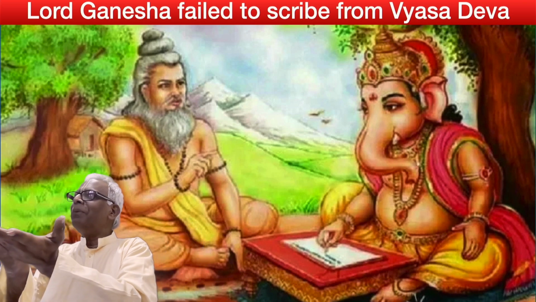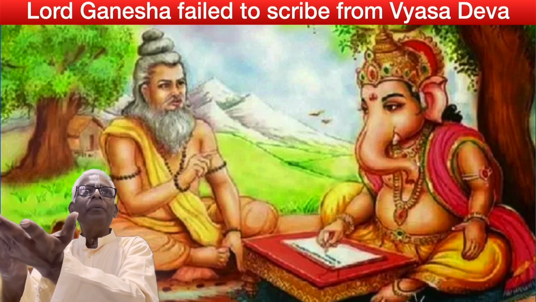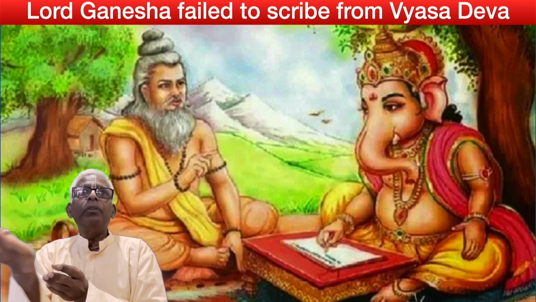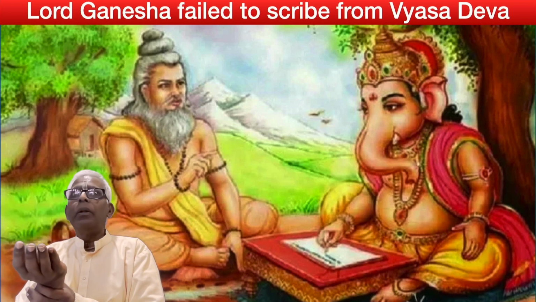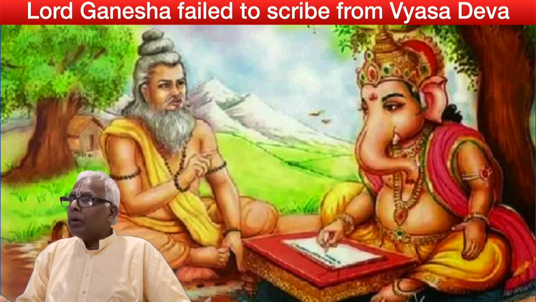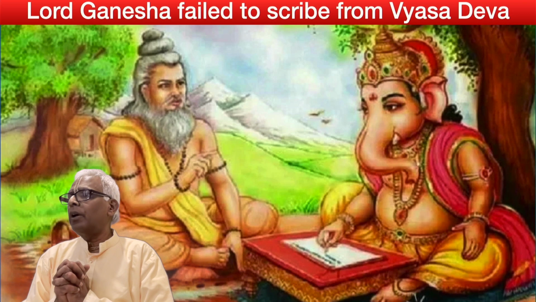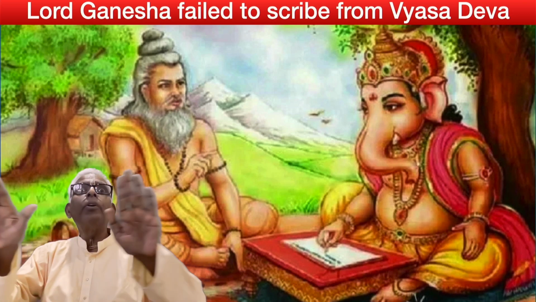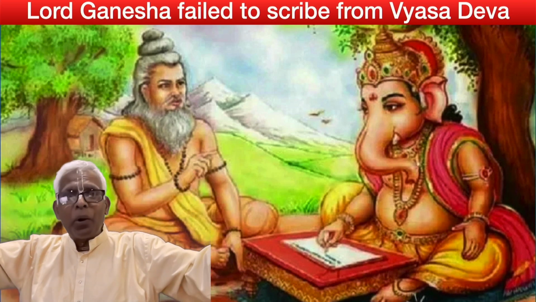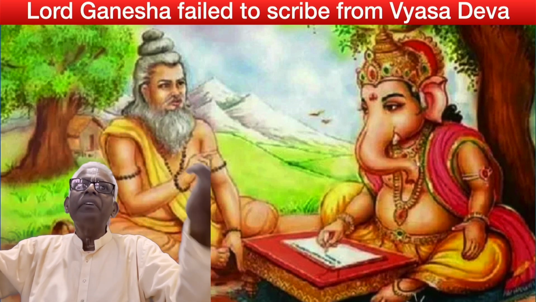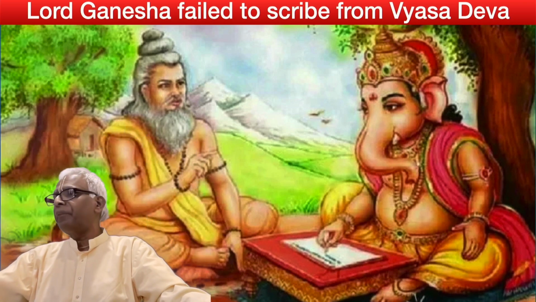Oh, please give the Bhagavatam that you scribed. This is what I get, only some few leaves. Oh, Ganesh, what happened? I got stuck in that sloka. Anyway, I don't want to go into that detail about the sloka. I will come to it later. We did not get that original one.